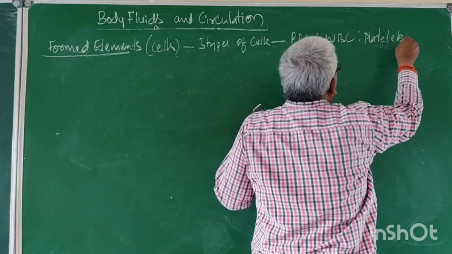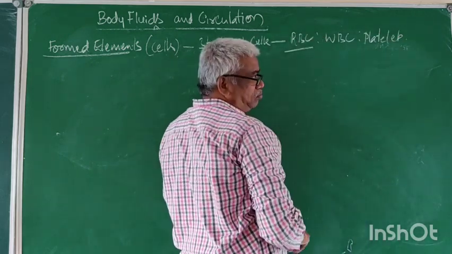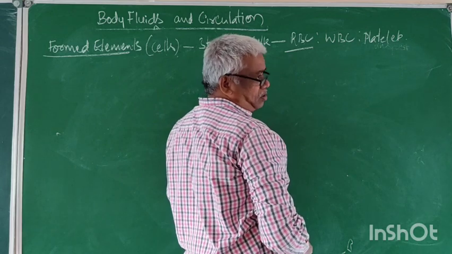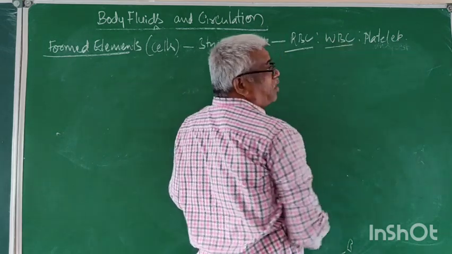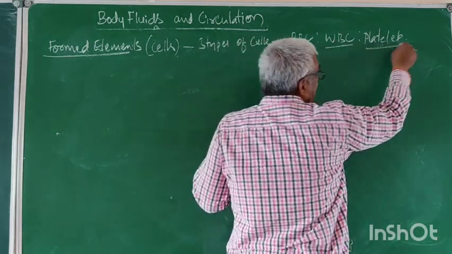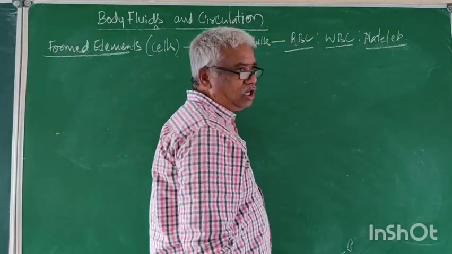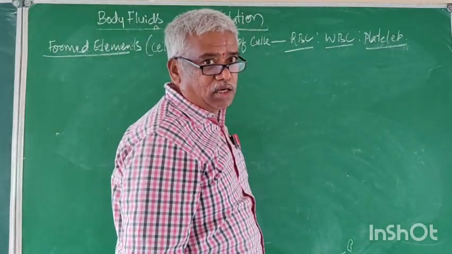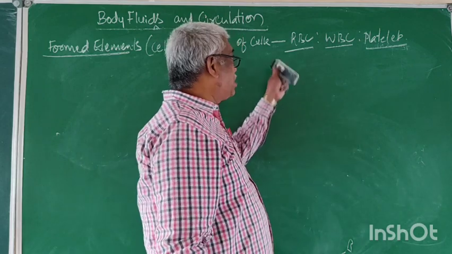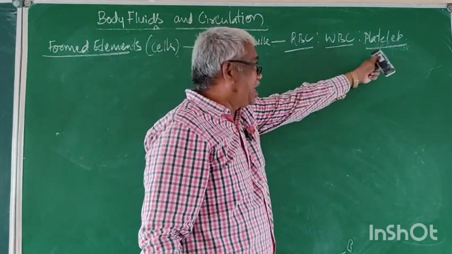RBC is for transport of gases, WBC is for defense, platelets are for coagulation. Now come to the characters of RBC, characters of WBC, and platelets.